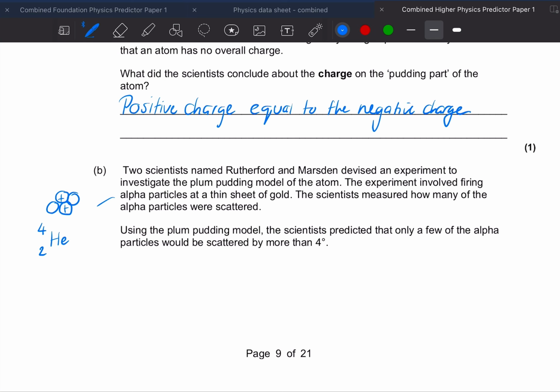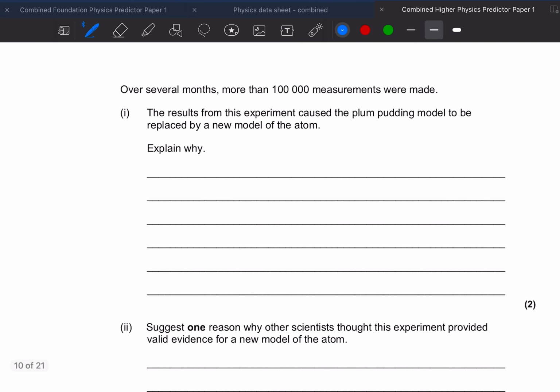In the plum pudding model, the scientists predicted that only a few of the alpha particles would be scattered by more than 4 degrees. So if the plum pudding model was right, that's what would have happened. This would have a positive charge as well, because we've got 2 positives and no charge in the 2 neutrons. So let's have a look.